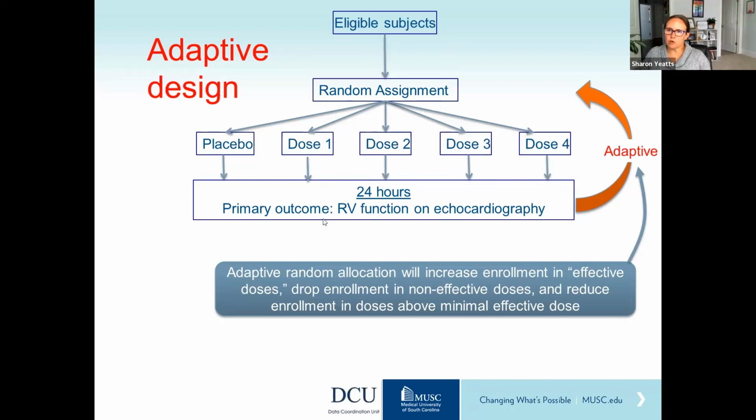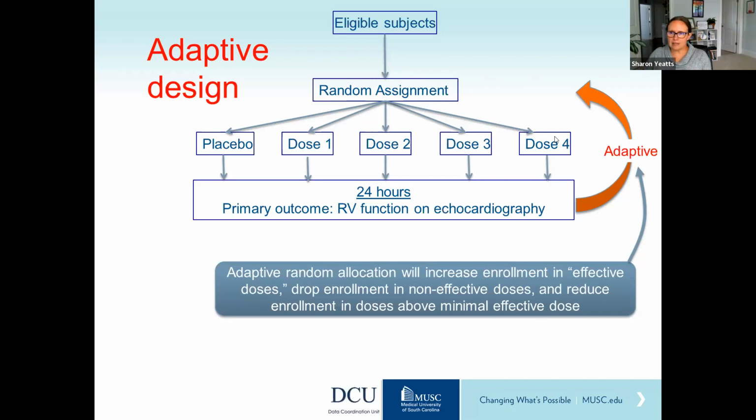It's at 24 hours, we're looking at RV function on echocardiography. And the adaptation that we've specified here is that after the first 150 or 200 patients have been randomly assigned, we're going to look at the primary outcome, and we're going to use the outcome information to come back up here and change the randomization vector, or the probability with which subjects are assigned to each of these doses.